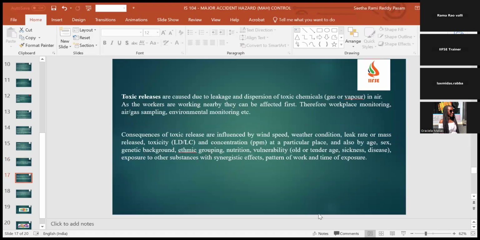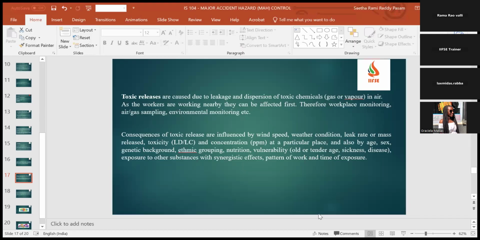Then toxic release. Toxic releases are caused by the leakage and dispersion of toxic chemicals like gases and vapors in air. As workers are working nearby, they can be affected first, and therefore workplace monitoring, air and gas sampling, and environmental monitoring are required. When we say toxic release, there are different categories we see, like LD and LC, lethal dose and lethal concentration.